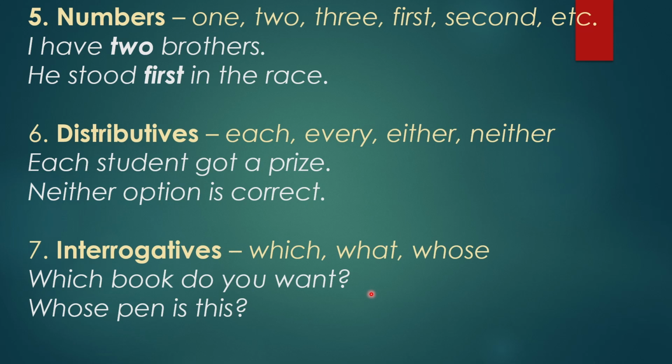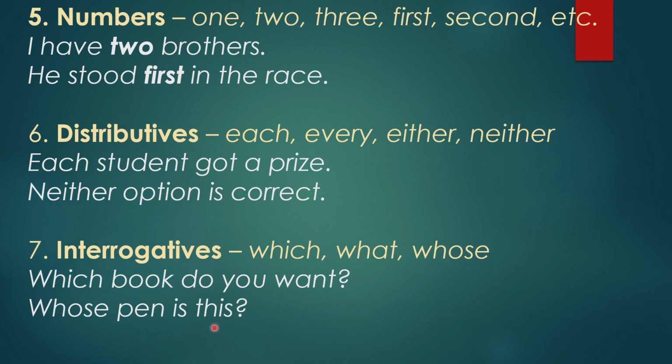Like we say, what kind of music do you like? Okay, you are asking about the nature, what type of identity you like, what kind of music do you like, what book do you read, right? Next is whose. Whose is used when we are asking the question of belonging. Whose pen is this? This pen belongs to whom?